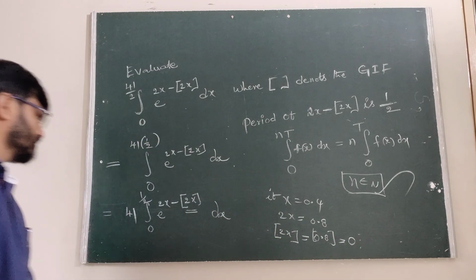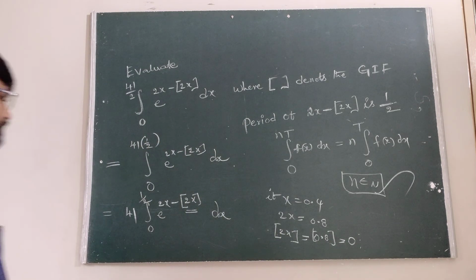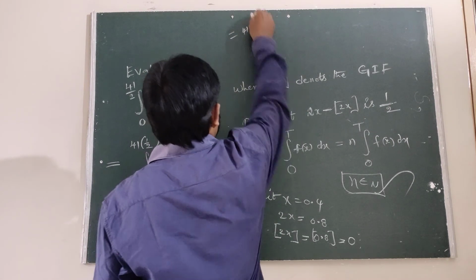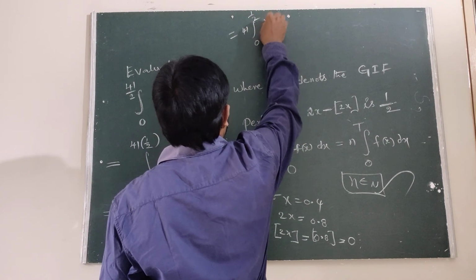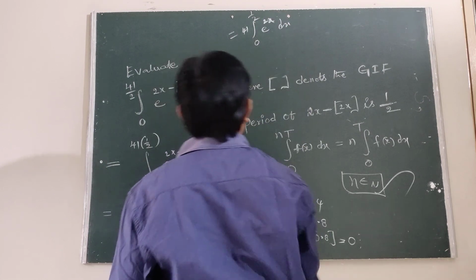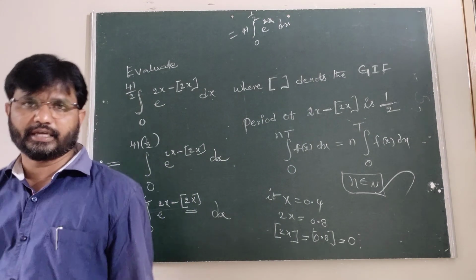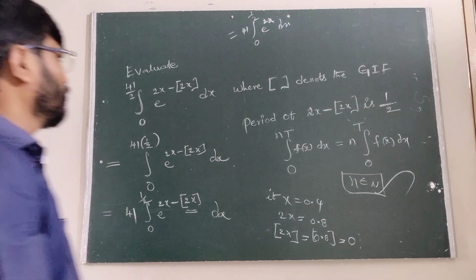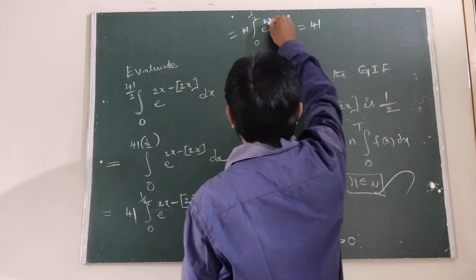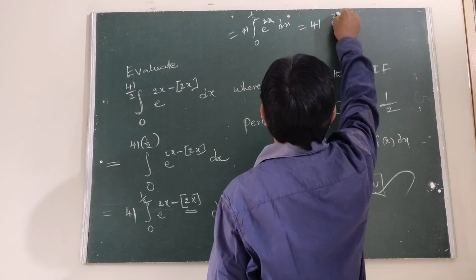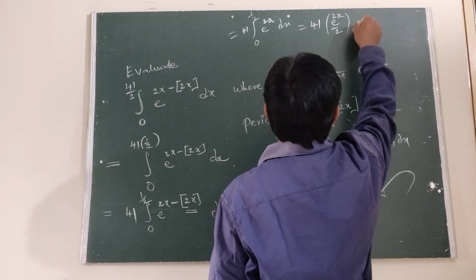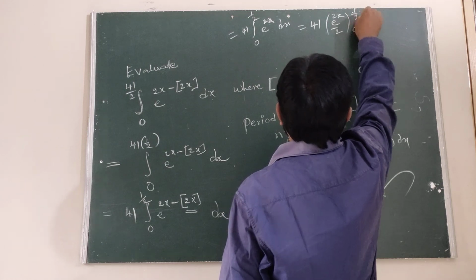Now we can write this as 41 integral 0 to 1 by 2 e power 2x dx. Therefore, 41 into the integral of e power 2x, which is e power 2x by 2, with limits 0 to 1 by 2.